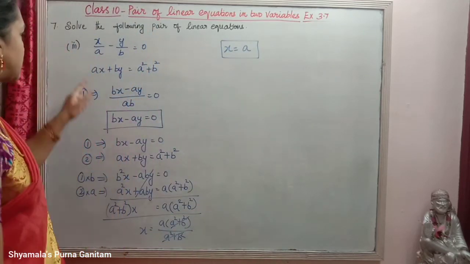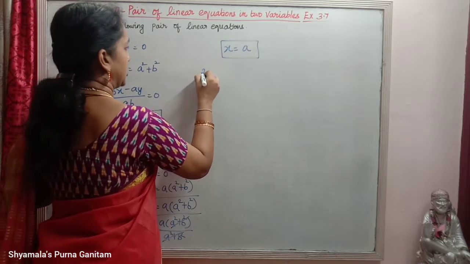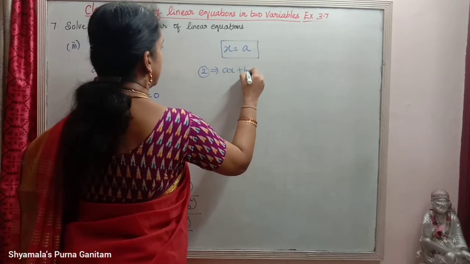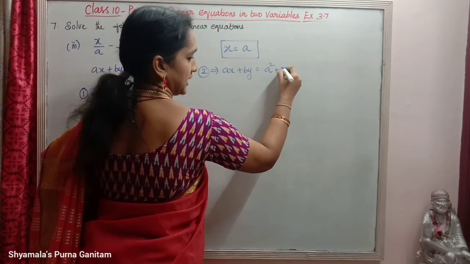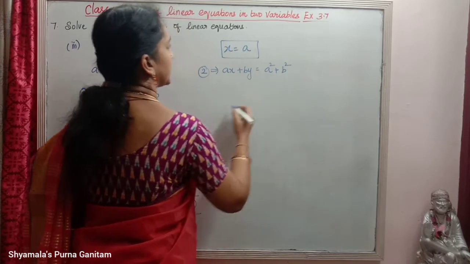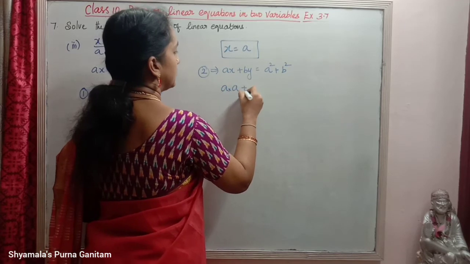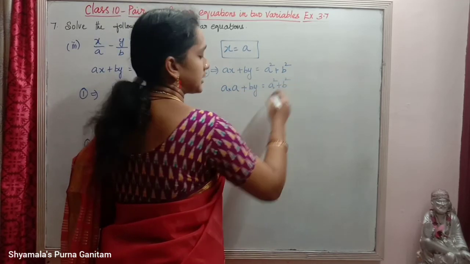So that I will substitute it in this second equation. Second equation is ax plus by is equal to a squared plus b squared. So x value is a. So a into a plus by is equal to a squared plus b squared.